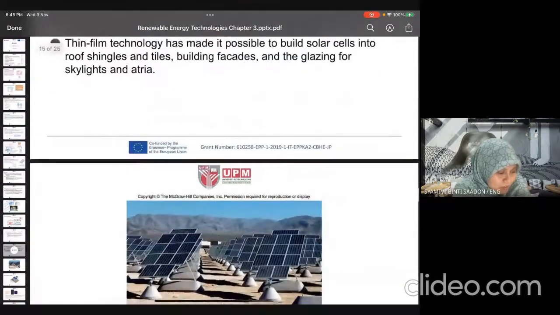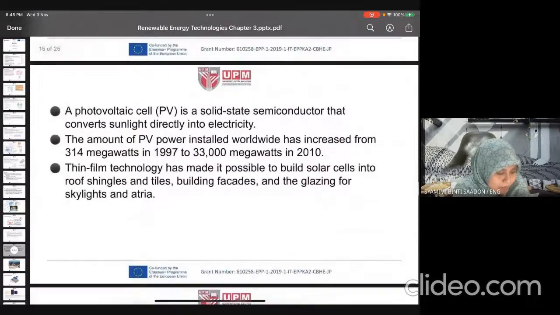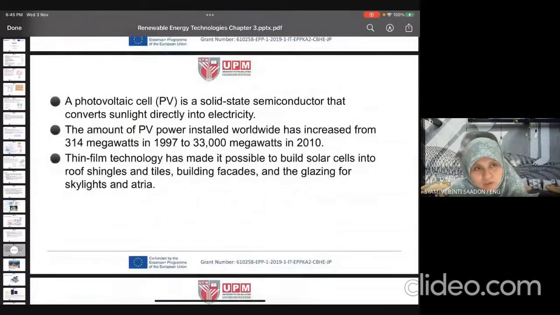Okay, photovoltaic PV panel. When we talk about solar energy, I'm sure you are familiar with the photovoltaic cell. So of course, we have to talk about the photovoltaic cell. A photovoltaic cell is a solid state semiconductor that converts sunlight directly into electricity.